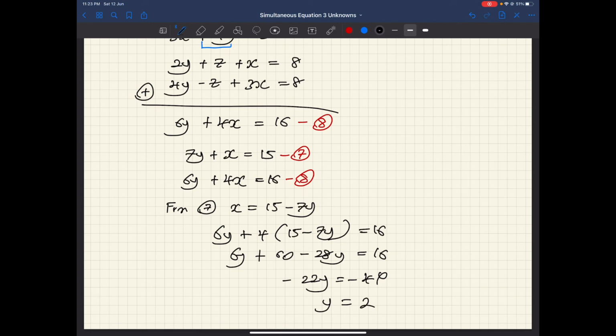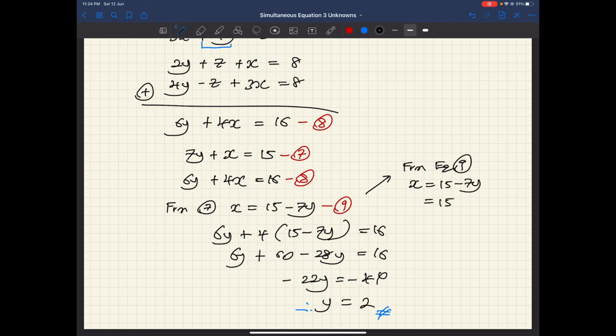Once I have the value for y, let's call this equation 9, and I can use this equation to find my value for x. As simple as that. From equation 9, my x is equal to 15 minus 7y.